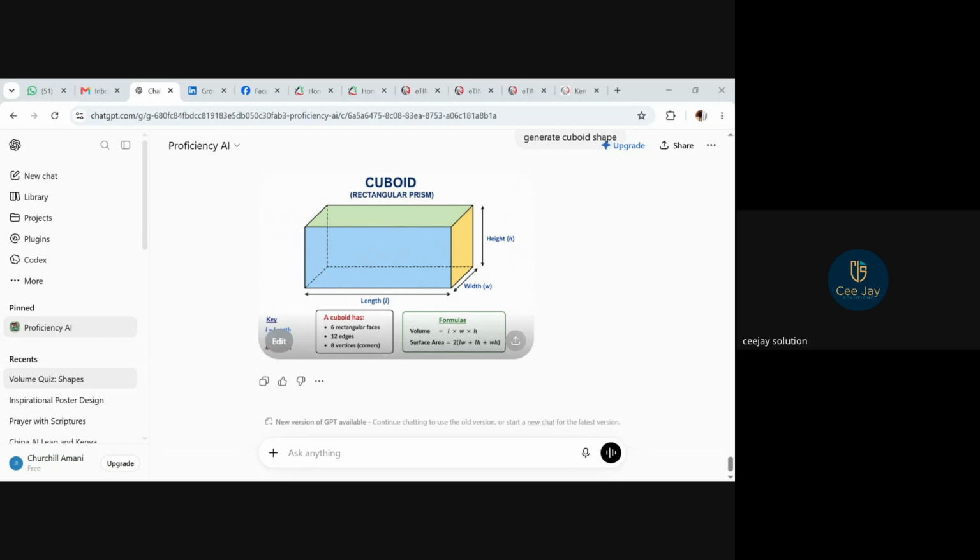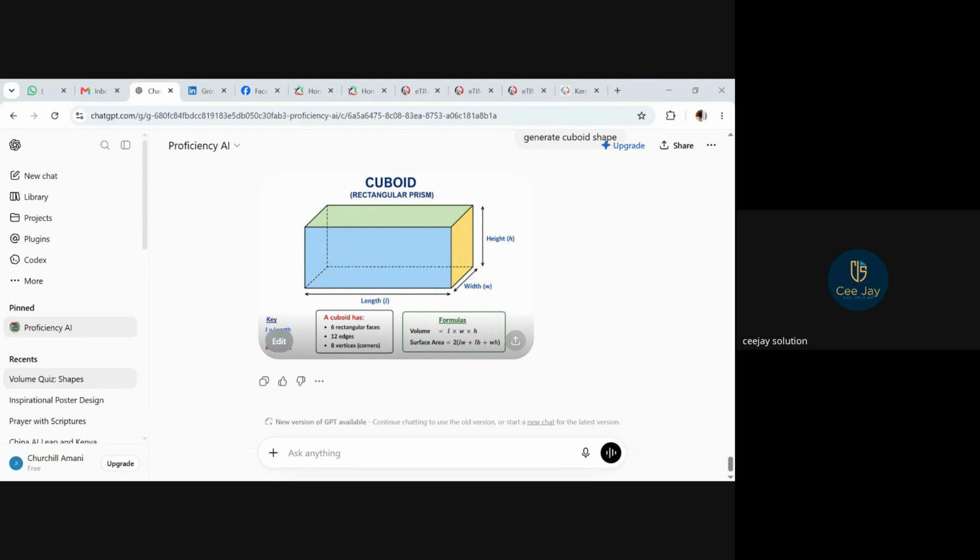I'm only seeing 8, I'm trying to count these edges. Alafu kona ni hizi. Mi nilikuwa nahesabu kona kama edges. Edges ni hizi mstari hizi refu refu. Hizi ndio 12.